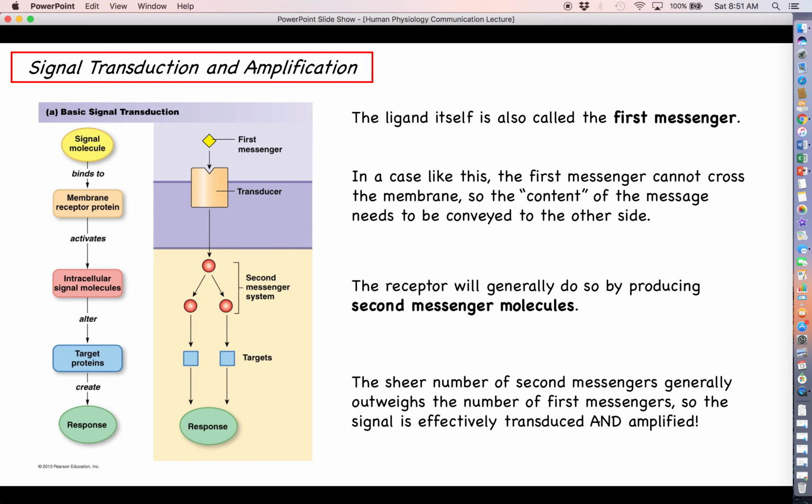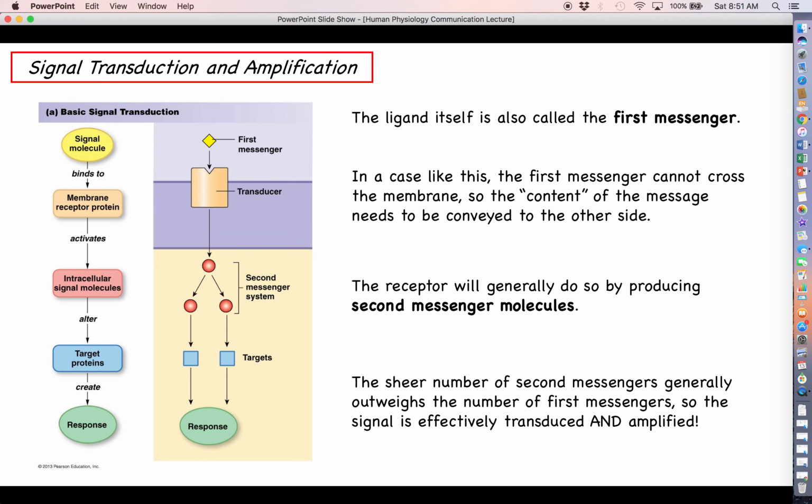So this is also going to represent how we get our amplification, because the transducer, which you can't really see in this picture, the receptor/transducer, is usually linked to an amplifier enzyme. So that enzyme is going to rapidly produce a very great number of second messenger molecules on the other side of the membrane, the intracellular side. So by having the first messenger bind to the receptor there, the transducer activates an amplifier enzyme on the other side.